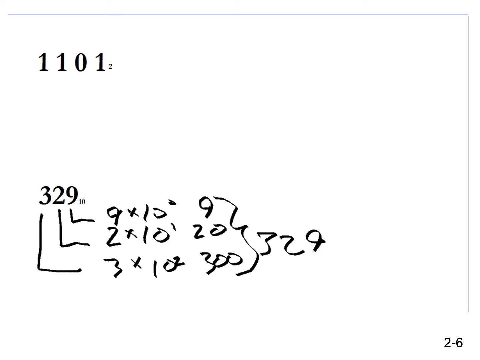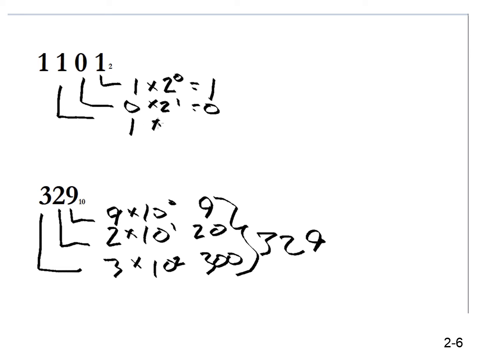So let's come up here, take a look at our base 2 number. We've got 1 times 2 to the 0. Anything to the 0 is 1, so we've got a 1. We've got 0 times 2 to the first. 0 times anything is 0. We've got 1 times 2 squared.